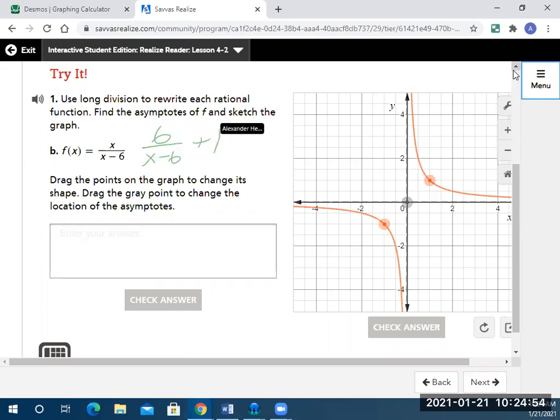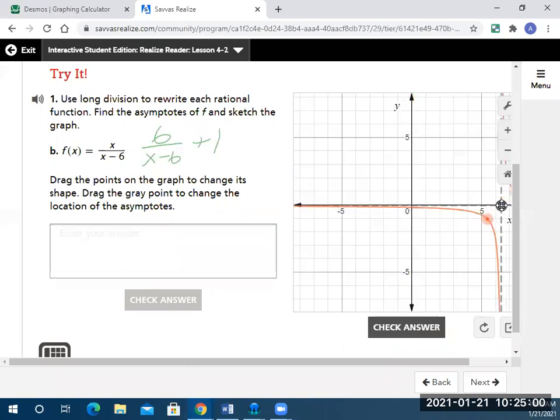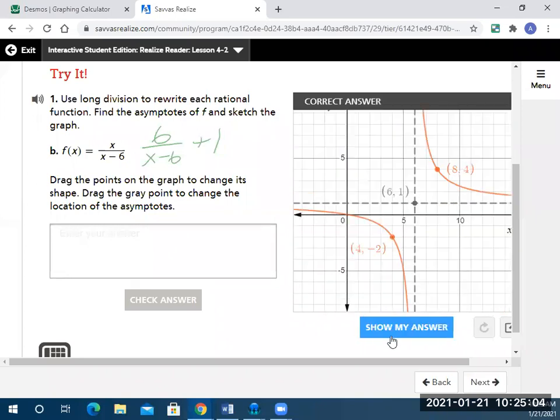Right 6 and up 1, right? And so in the parent function, our asymptotes are at y equals 0 and x equals 0.